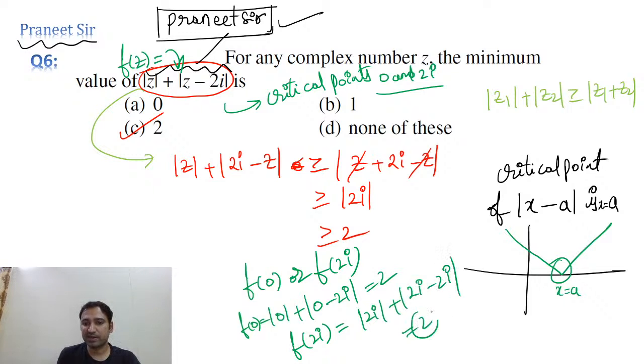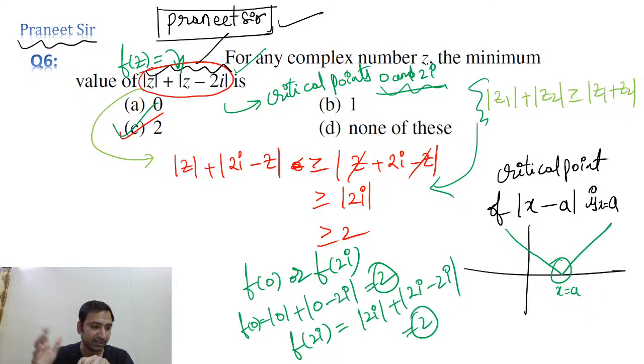Again, we get the same answer. The minimum out of these is 2 only, so option C is correct. Whenever we have this type of expression, the minimum or maximum value will occur at critical points only. Otherwise, we can also solve it using the inequality property. Any method is fine. Okay, right, chalo.